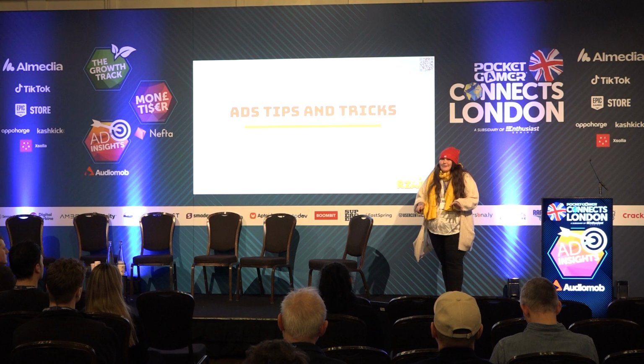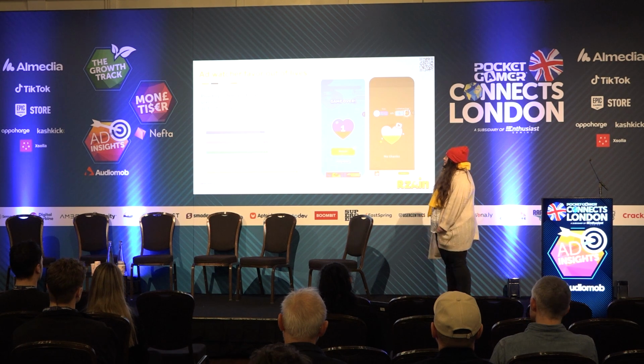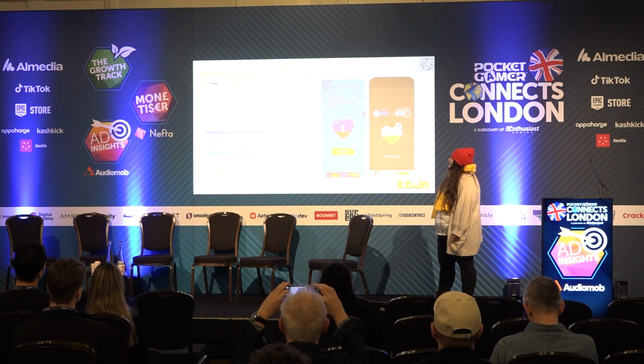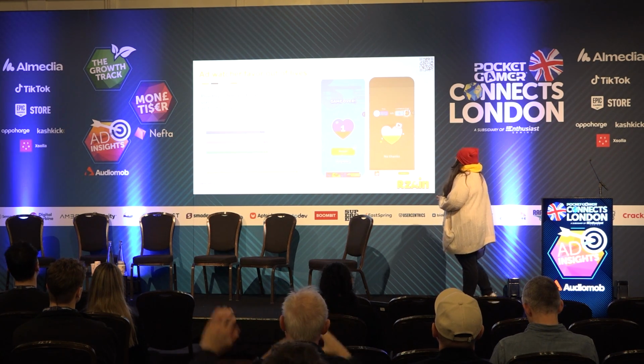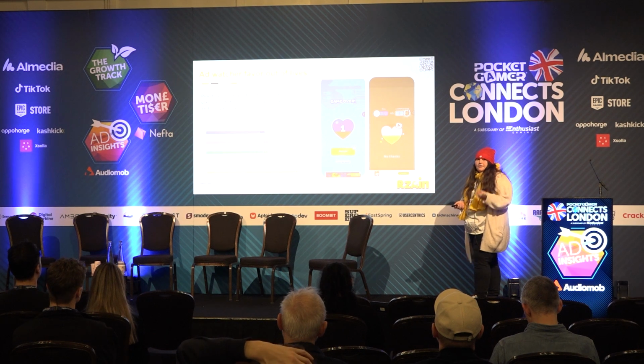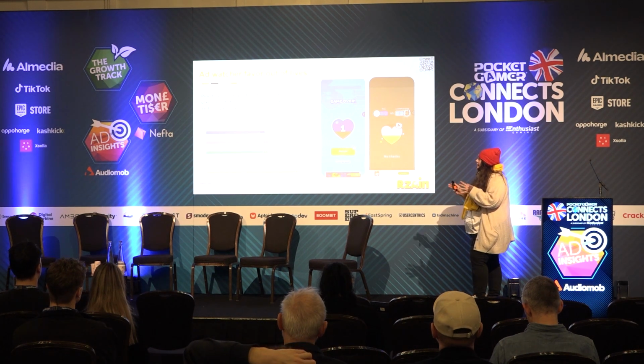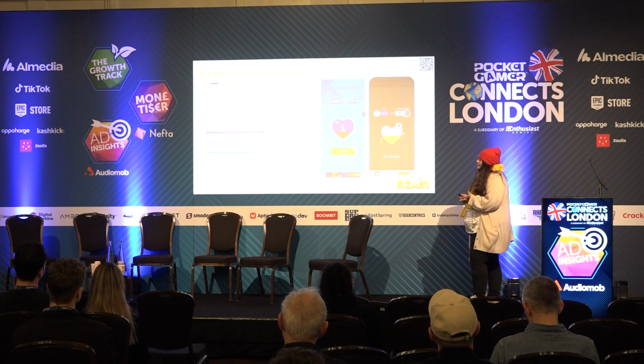Now let's speak about the ad monetization tips and tricks. The first thing you can do is to provide context-sensitive ads, and the essential thing if you are onboarding with ads is to understand where you should add your ad. Having an interstitial on the first session, for instance, may not be the best thing.